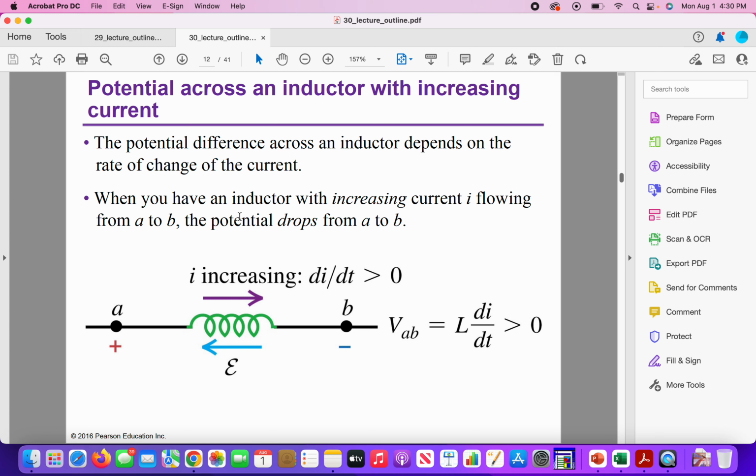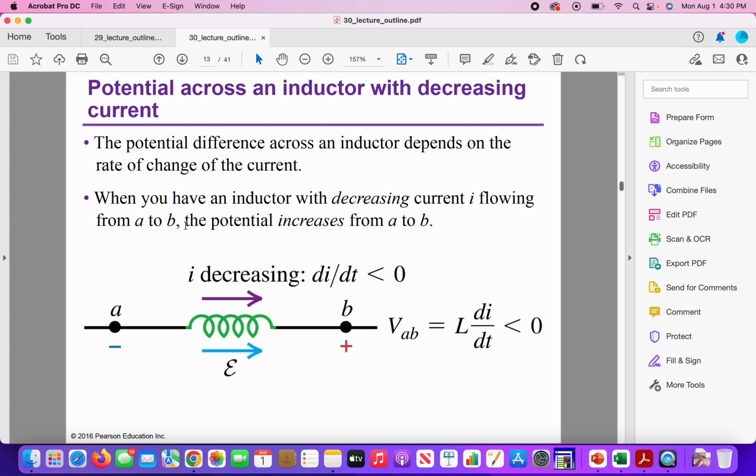And on the other hand, if we have an inductor with a decrease in current flowing from A to B, the potential increases from A to B, then VAB equals L di over dt is going to be less than 0.